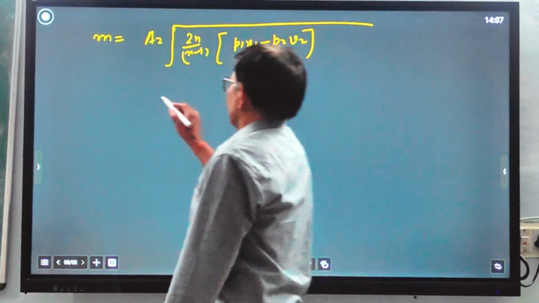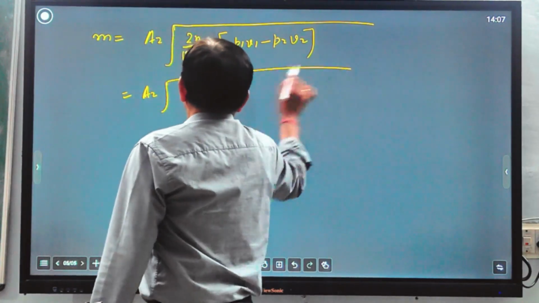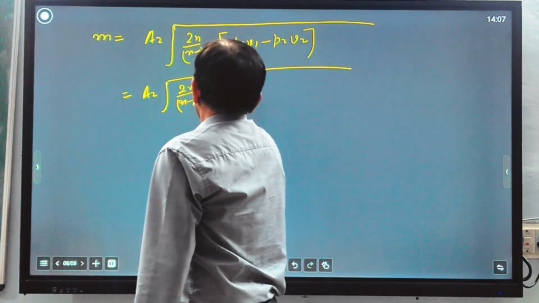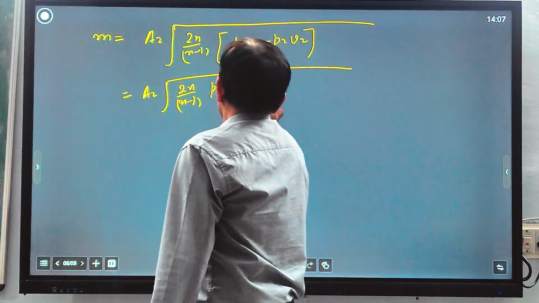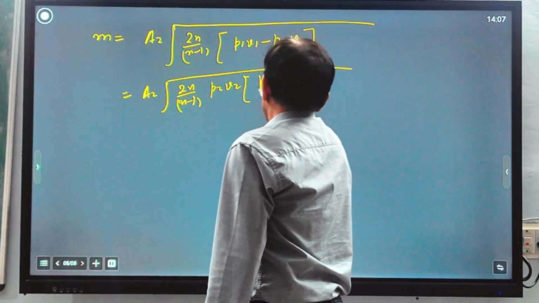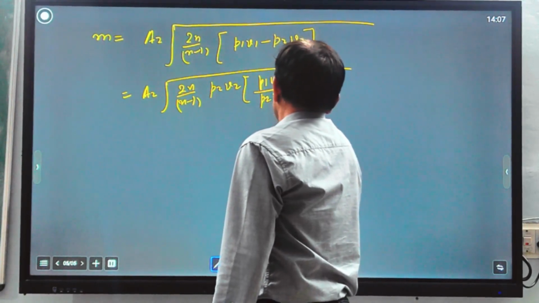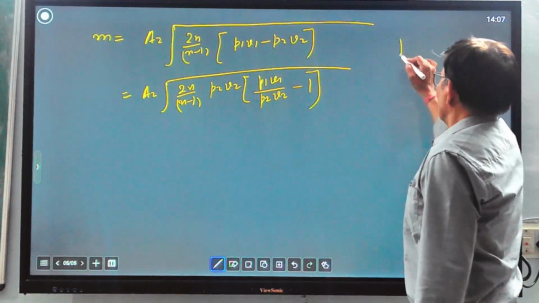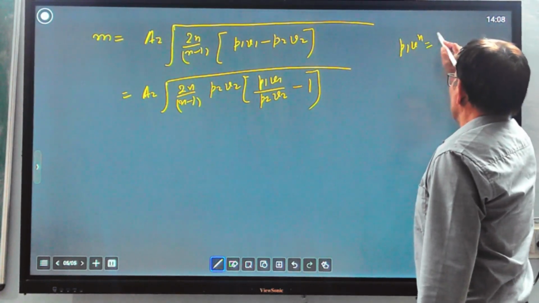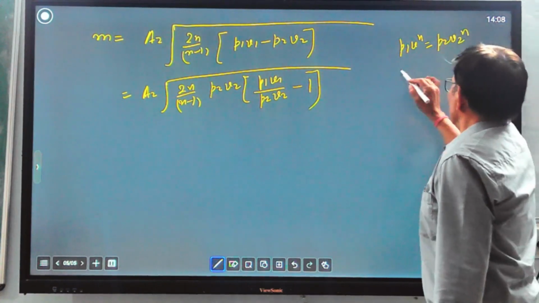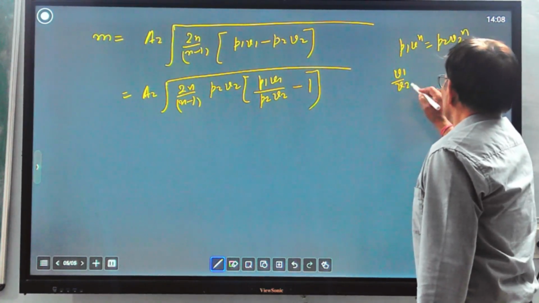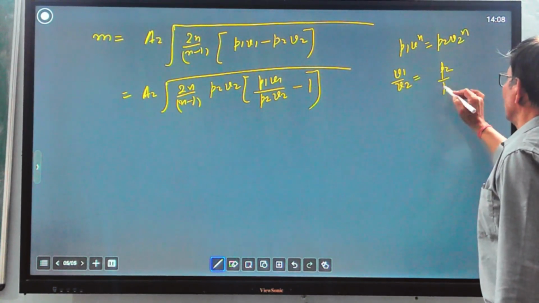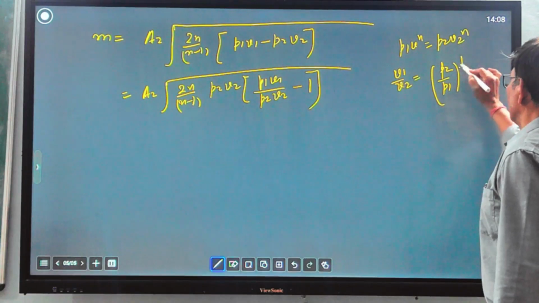Taking P2 V2 common here, A2, under root 2n upon n minus 1 P2 V2, and here P1 V1 upon P2 V2 minus 1. So here we have to replace V1 by V2: P1 V1 to power n equal to P2 V2 to power n, so V1 upon V2 equal to P2 by P1 to power 1 by n.